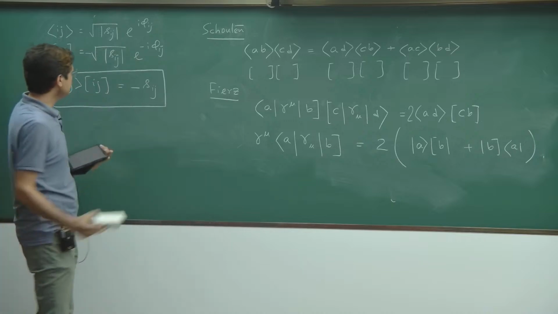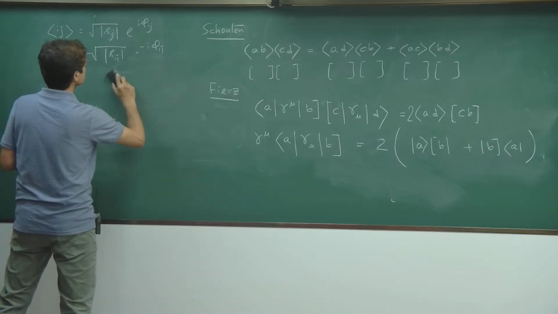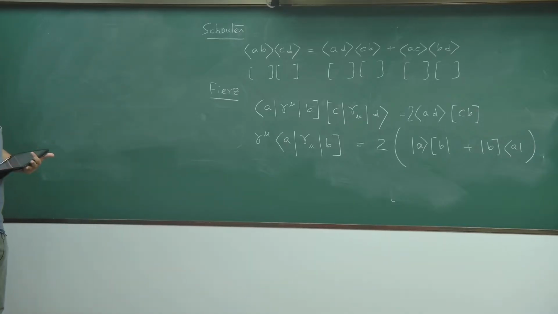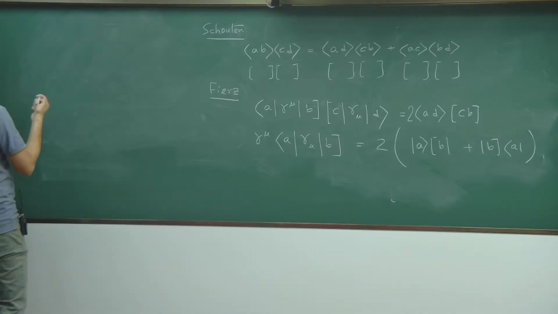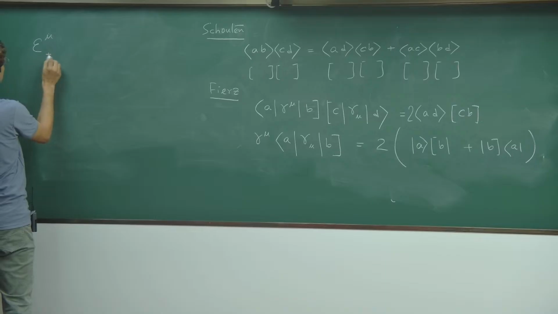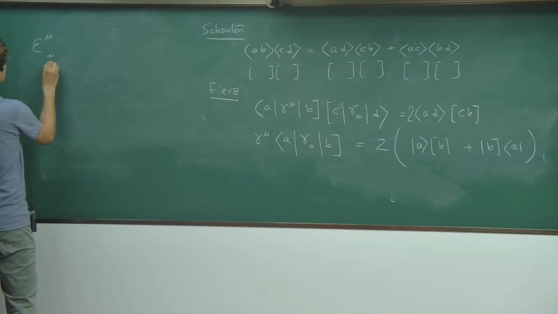One more thing before I proceed to a specific example is that these are for the spin half particle. Now in the same spirit, the polarization vectors, say epsilon mu for the gluon or photon, also can be written in terms of spinors.